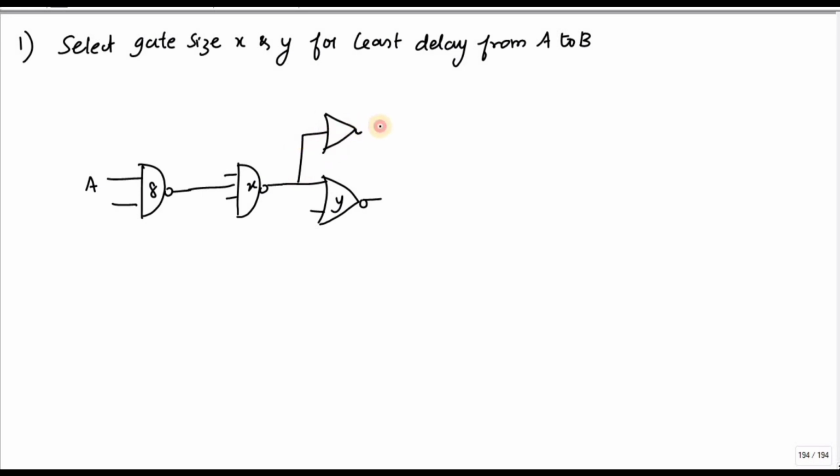This is a NOR gate, and the output capacitance is 45. So for this path, they're asking me to find the least delay and the value of X.